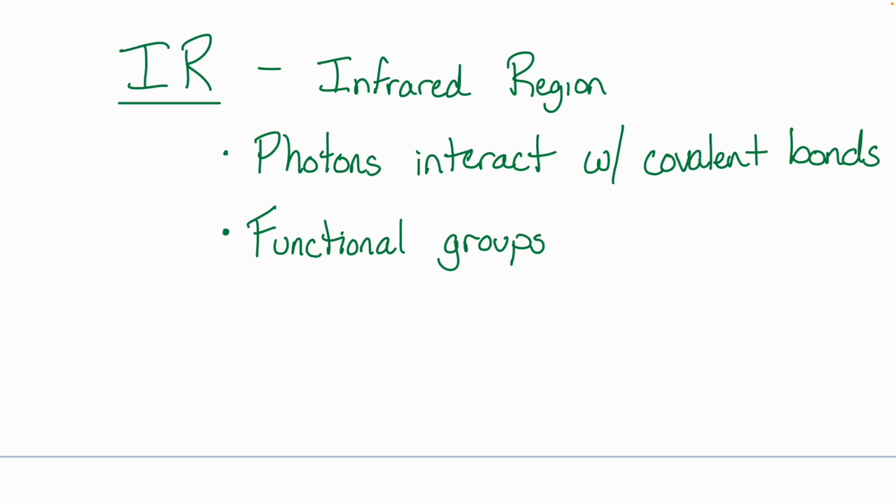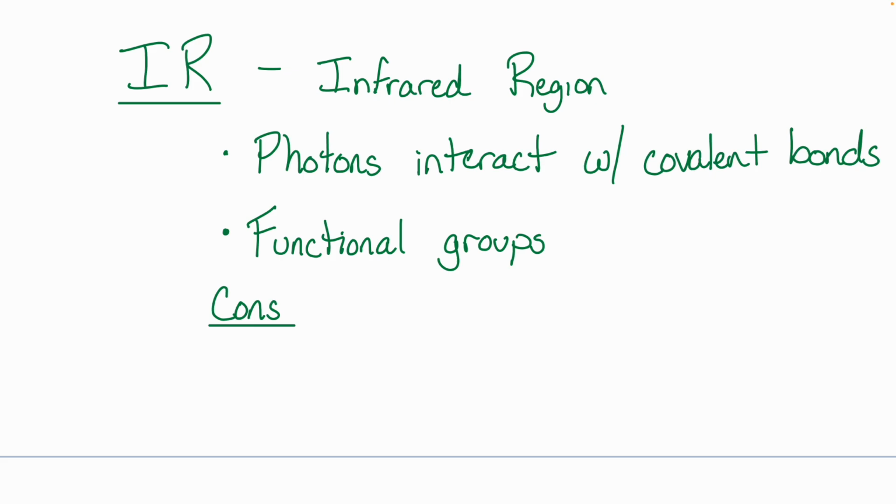So for example, an alcohol will give us a very different signal than a carboxyl group, et cetera, et cetera. So we can see certain functional groups in this IR spectrum. That's what we use it for. All right? So importantly, our cons. What does IR not tell us?